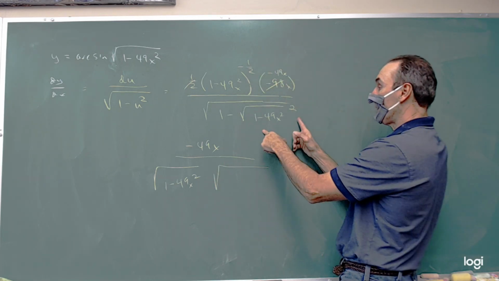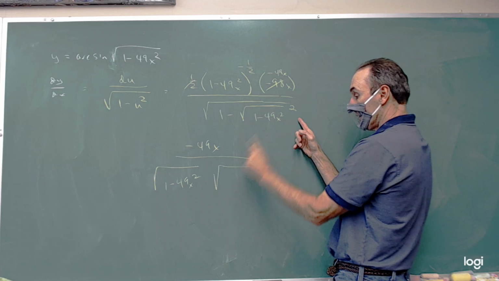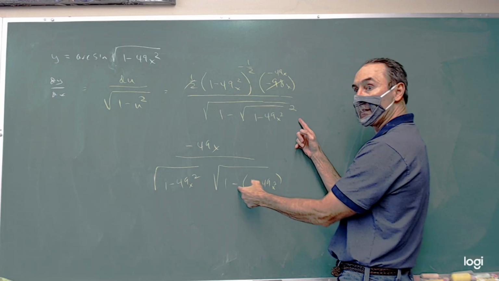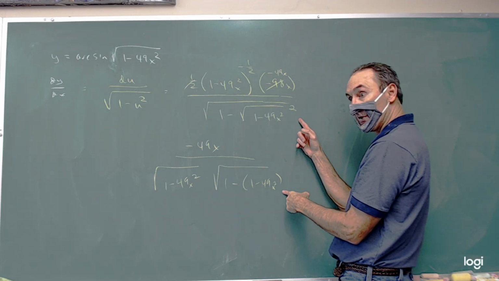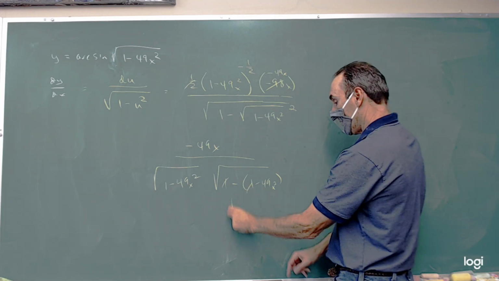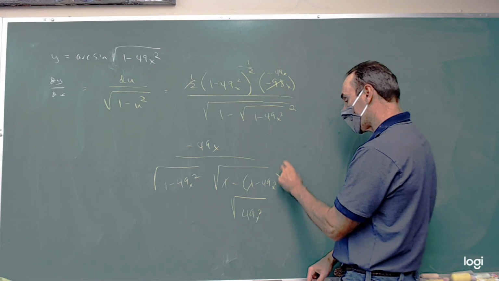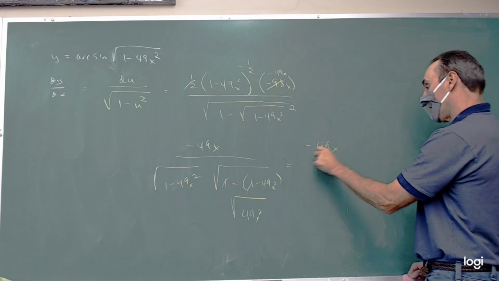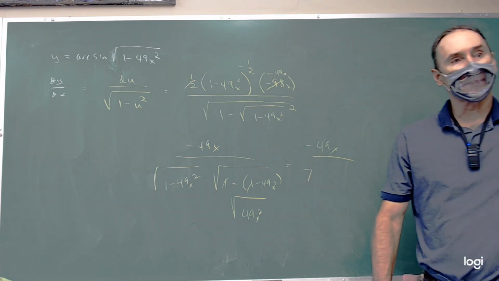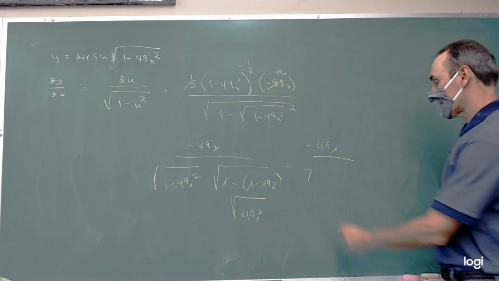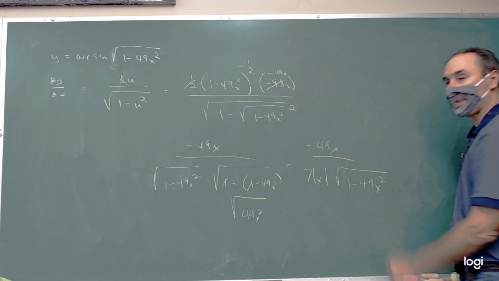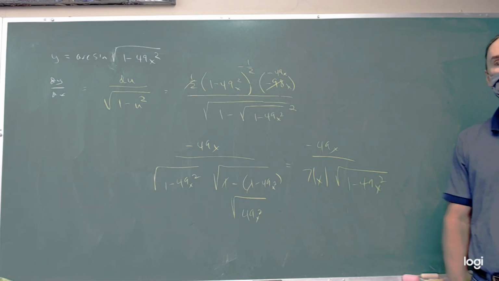Meanwhile, inside that radical, we square that, which gets rid of the radical. But remember that minus u squared, that minus has to distribute. So it's going to get rid of the 1, and it's going to make that be a positive square root of 49x squared. Now is where you're in dangerous territory. So the square root of 49 is 7. The square root of x squared is not x, it's the absolute value of x, because it has to be non-negative.